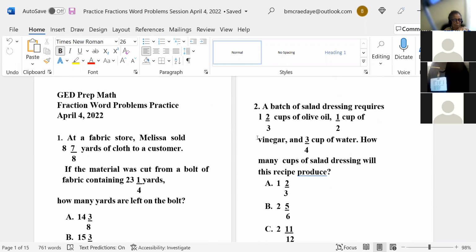Maureen, I am going to read this to you, and you just tell me in words how you would solve it. At a fabric store, Melissa sold 8 7/8 yards of cloth to a customer. If the material was cut from a bolt of fabric containing 23 1/4 yards, how many yards are left on the bolt?